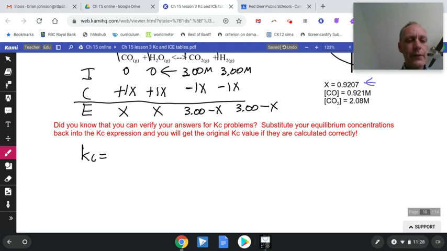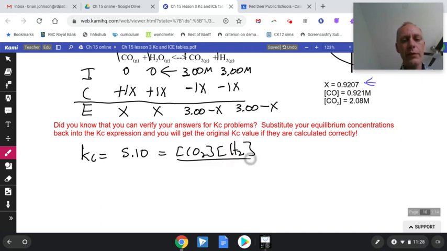Okay, Kc is 5.10, which equals the concentration of CO2 times the concentration of H2 over the concentration of CO times the concentration of H2O.